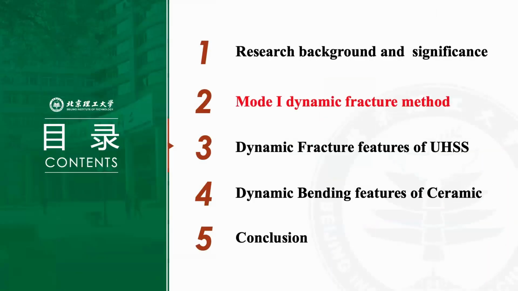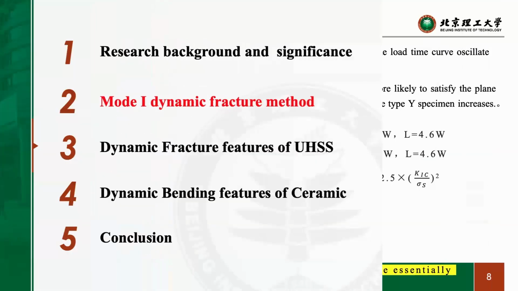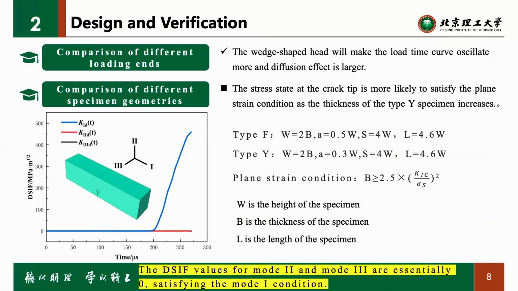So I will introduce the Mode 1 dynamic fracture method. In my work, I compared different loading ends and different specimen geometries. Finally, the Mode 1 dynamic fracture method was obtained. For verification, I calculated the DSIF curves for Mode 1, Mode 2 and Mode 3.